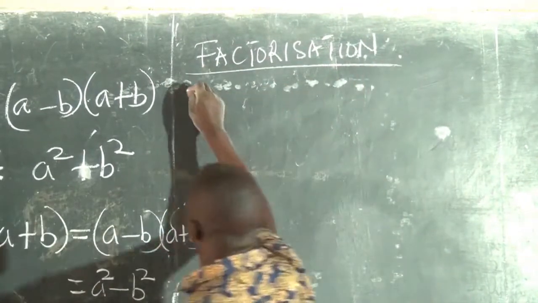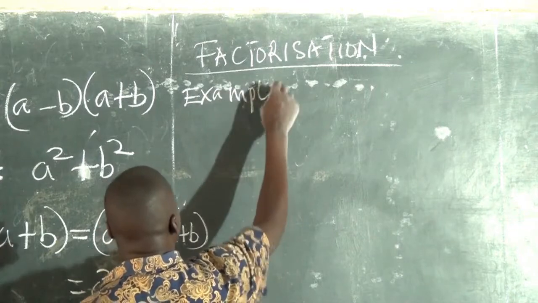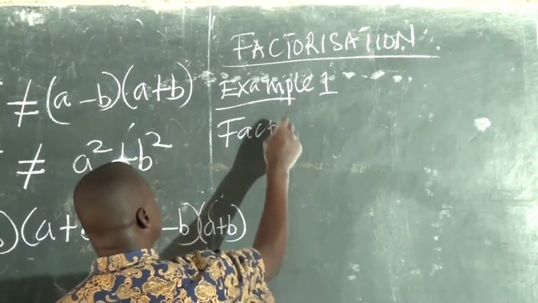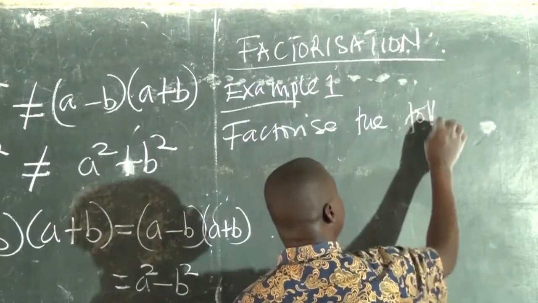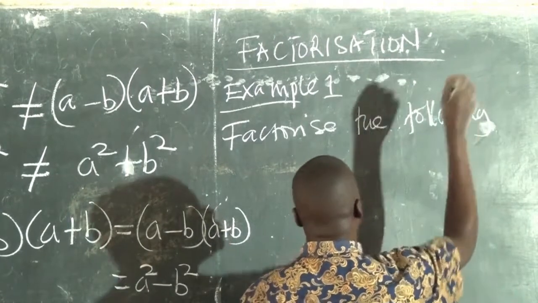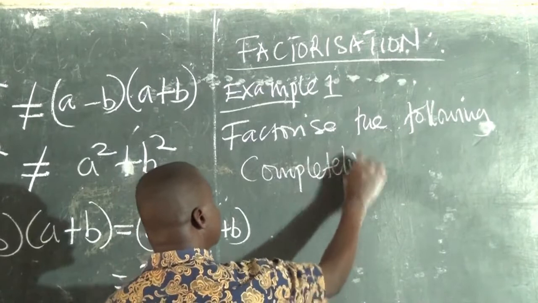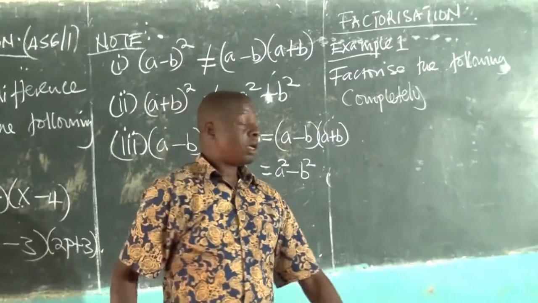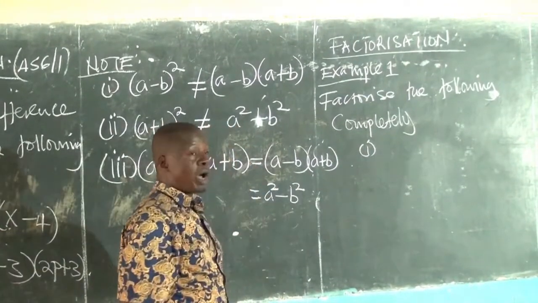Let us look at an example here. Example 1. Factorize the following completely. We look at case 1, that is Roman number 1.